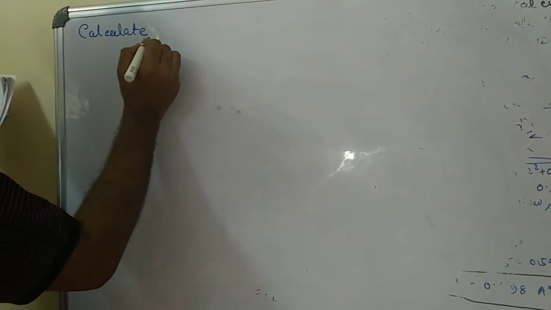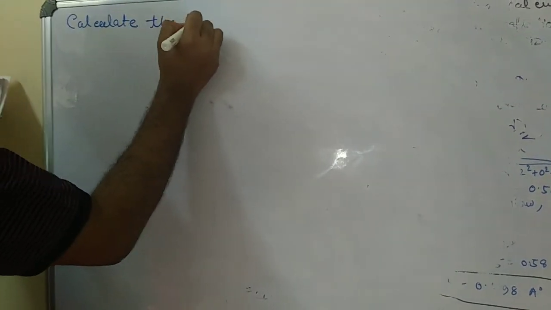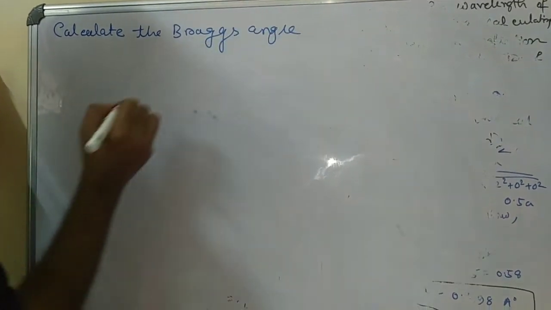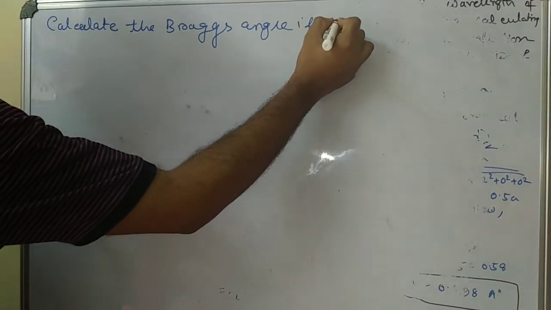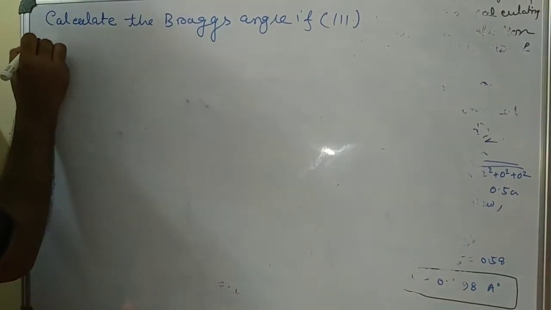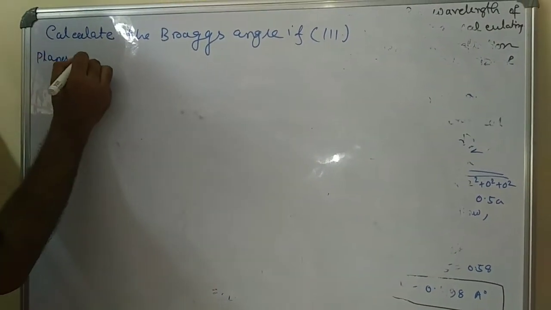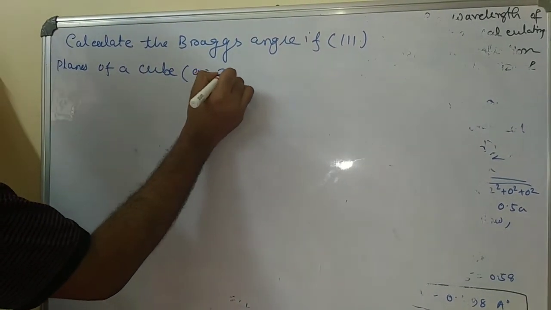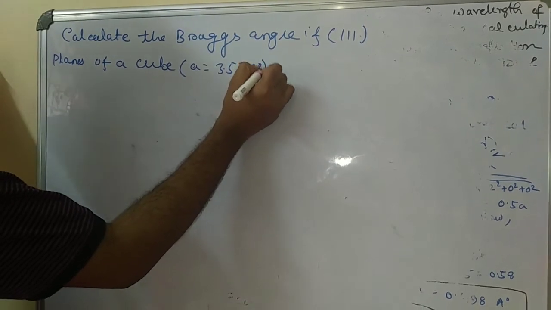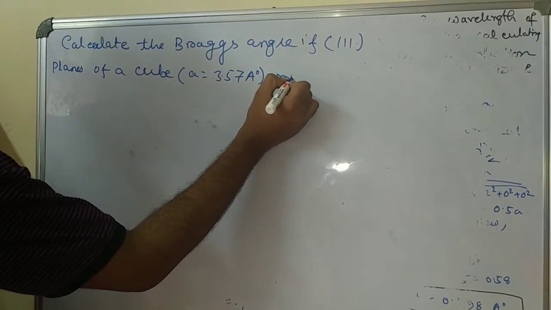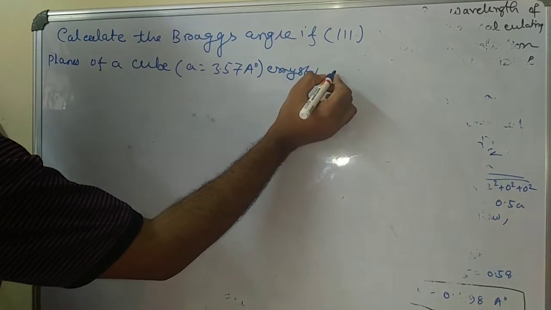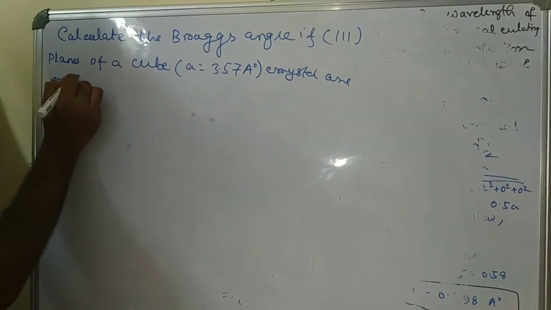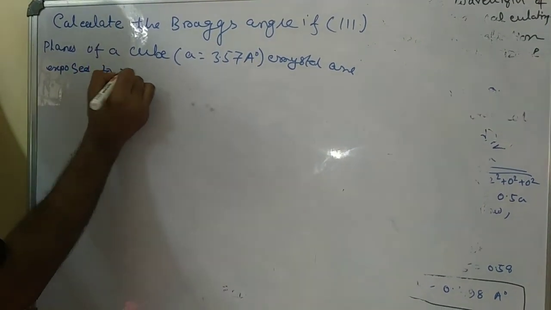Calculate the Bragg angle if the 111 plane of a cubic crystal with a equal to 3.57 angstrom is exposed to X-rays.